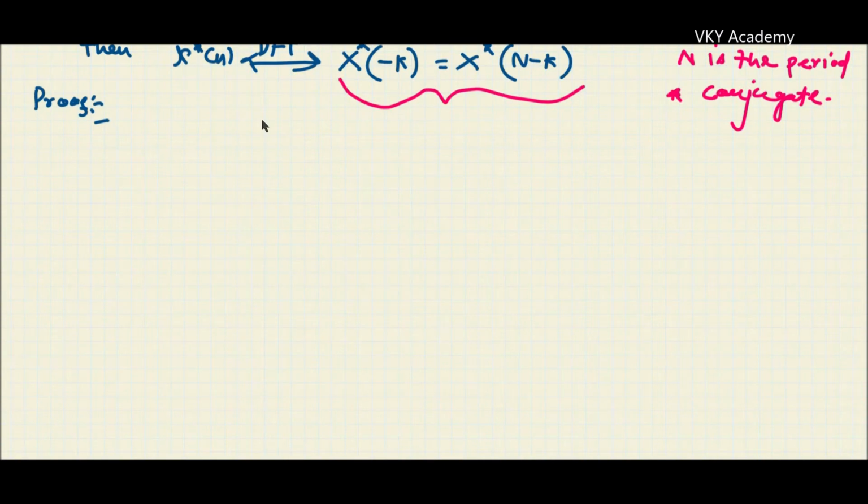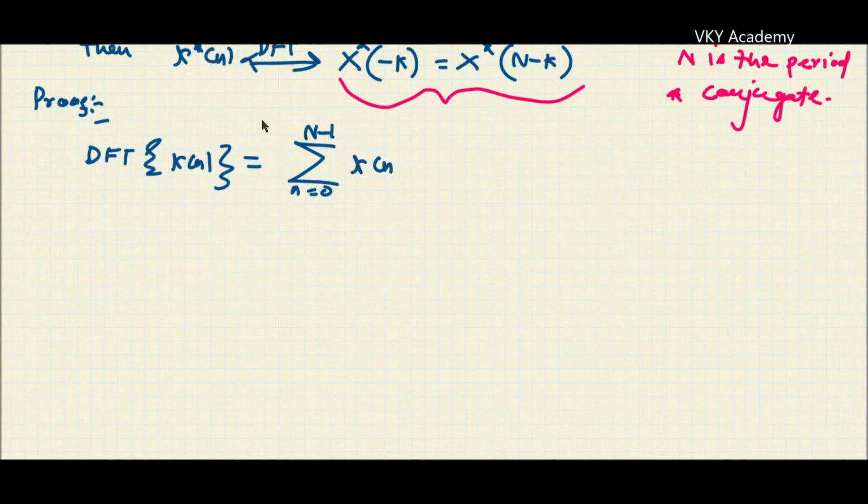Under the proof, we will first write down the formula of discrete Fourier transform. DFT of any arbitrary sequence x of n can be written as summation n is equal to 0 to capital N minus 1 x of n e to the power minus j 2 pi kn upon capital N. Now my new function is x star of n.